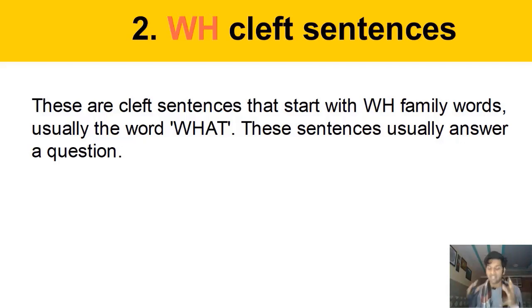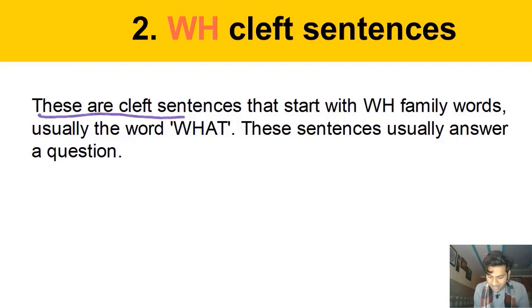Now, this is the very first way to use a cleft sentence, using the pseudo subject it. Now, the second, probably equally used, cleft sentences are WH cleft sentences. These are cleft sentences that start with WH family words: what, where, when, why. But the most used conjunction is what.